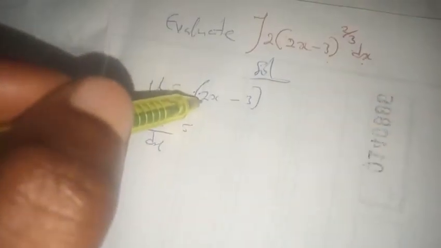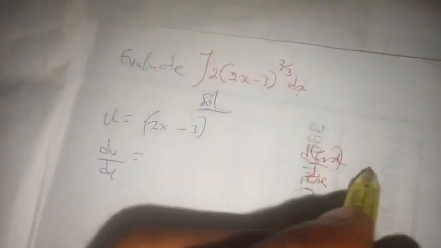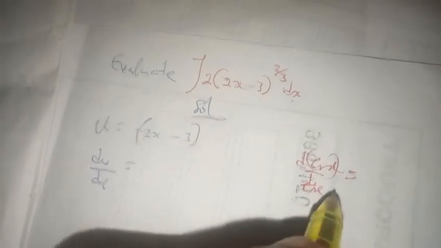So u should be equal to 2x − 3, so we can say du/dx is equal to, differentiating this. Now in differentiating, if you have ax^n, differentiating ax^n with respect to x is going to be n·ax^(n−1).